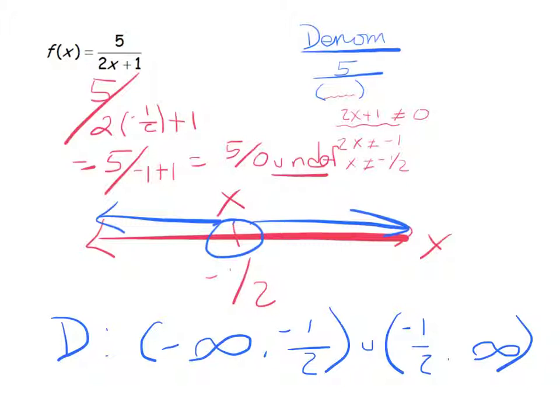A lot of times you could say that the domain is all real numbers such that x is not equal to negative 1/2, and that's allowed, but interval notation is sometimes more concise and a more positive answer, because we're asking what values of x are in the domain as opposed to which values are not in the domain. So it's sometimes more of a positive answer to frame it like I did down here in interval notation.